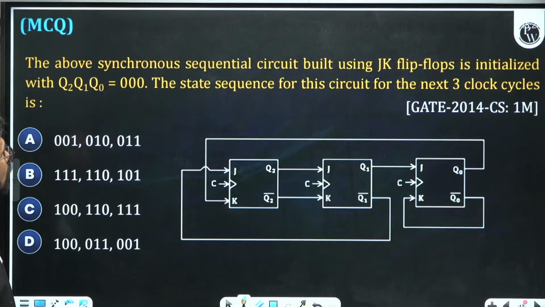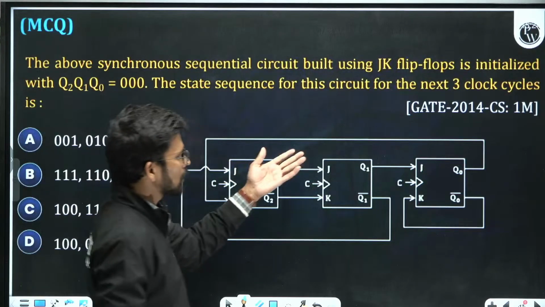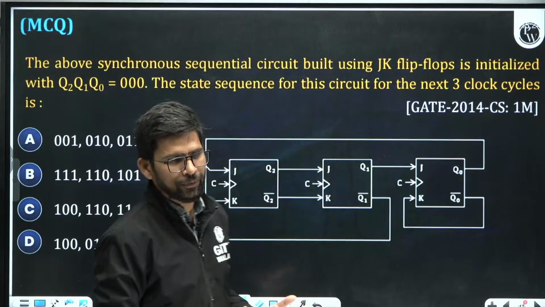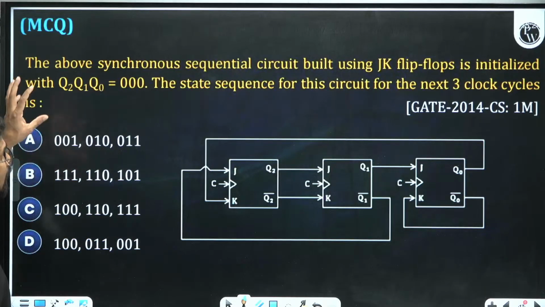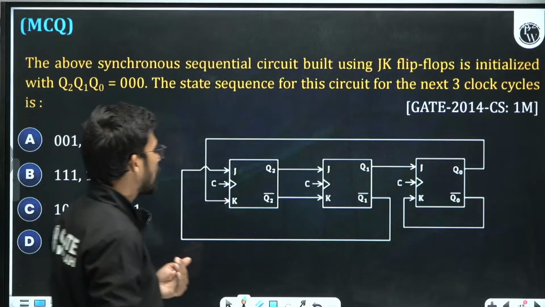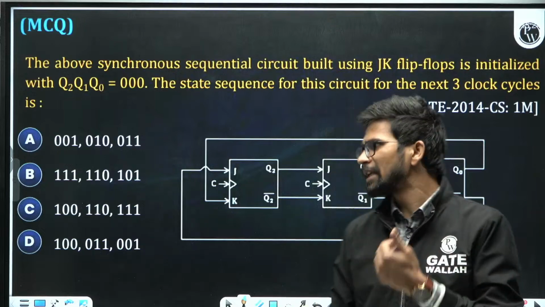The above synchronous sequential circuit built using JK flip-flop is initialized with Q2, Q1, Q0 as 0, 0, 0. So initially all the present outputs of the flip-flops are 0, 0, 0. The state sequence for this circuit for the next 3 clock cycles. So you need to find out the output for the next 3 clock cycles.